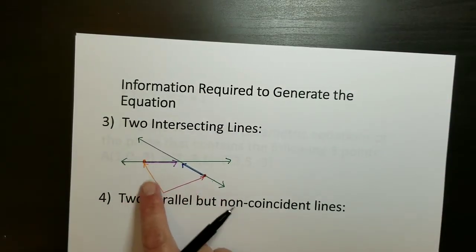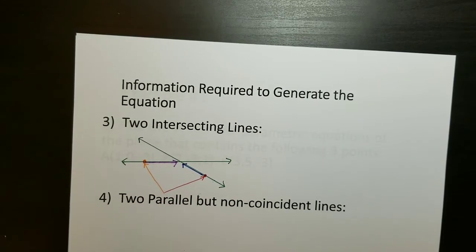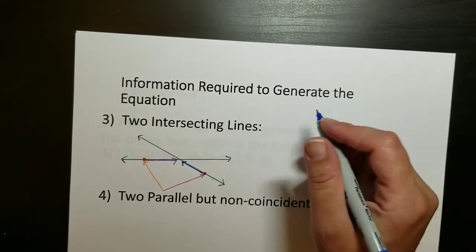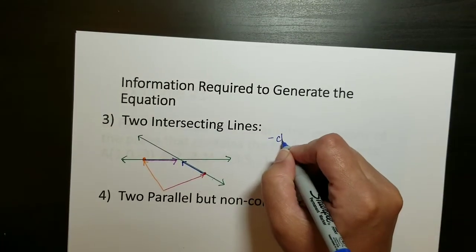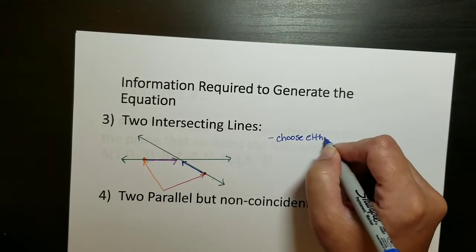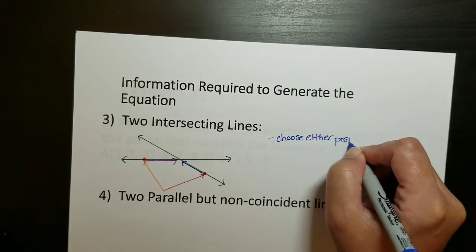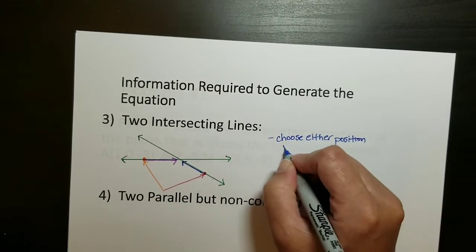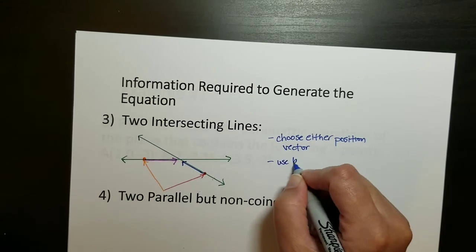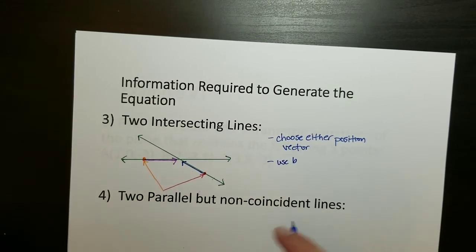So I have 2 different position vectors and 2 different direction vectors. I only need 1 position and both of these direction vectors. So I would choose either position vector and use both direction vectors, the direction vectors from the 2 lines.